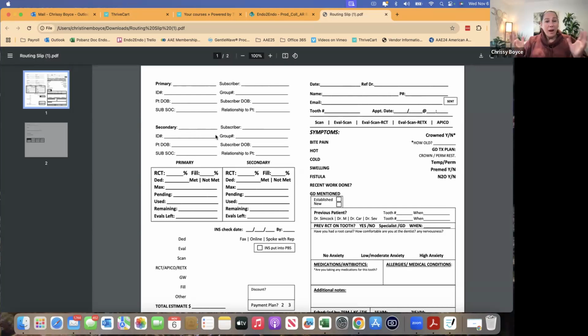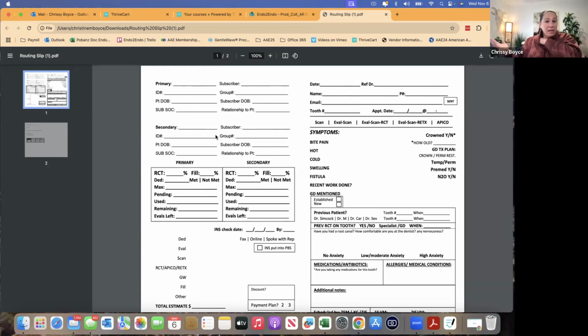Then right there, they're going to either be up in arms and let you know, well, I can't pay at the time of the appointment. Then you can offer CareCredit, you can offer a payment plan, all that kind of stuff. If they still protest, then don't schedule them.